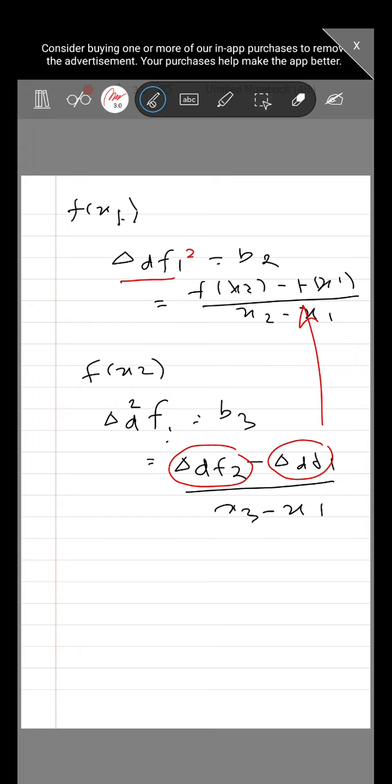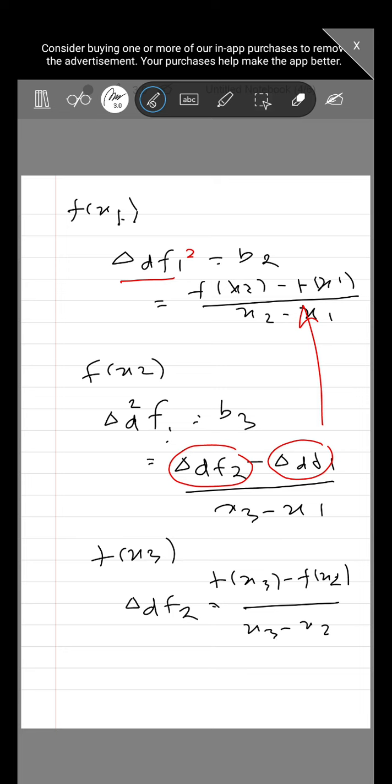In the same notion, we can also write the value for f(x3) if we go to the higher order.